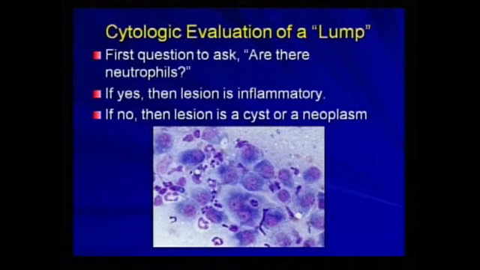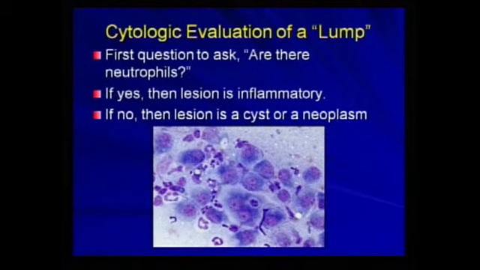Now let's start taking a look at how we're going to interpret these. For the most part, we're going to assume at this point that these are adequately stained, adequately cellular preparations. And a lot of times you will get a history of there is a lump on the side of the dog.